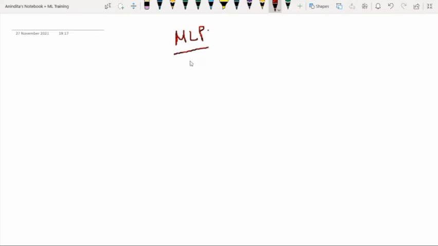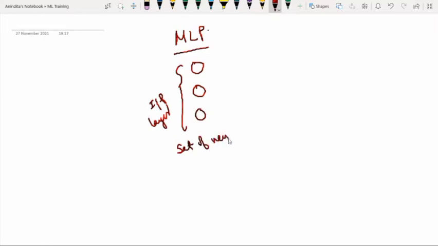In the MLP, the leftmost layer is known as the input layer, like this. It consists of a set of neurons, and these represent features. The neurons can be many in number, and they can be represented as x1, x2, say up to xm.